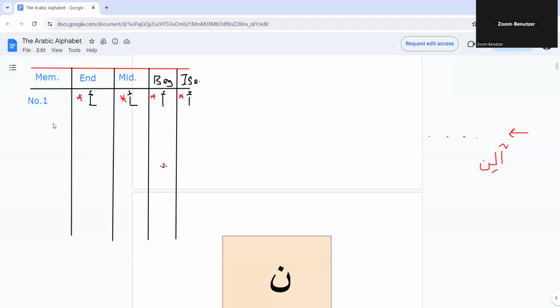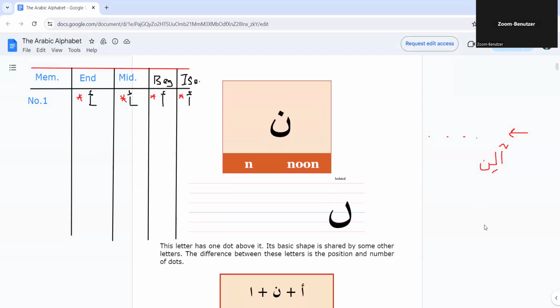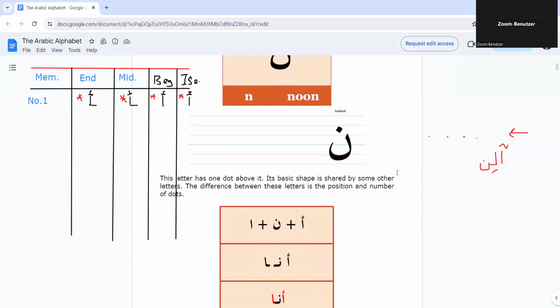Great. So you can see here how it's written in the different forms. The blue line here is our reference. We draw the noon with the dot on top of the line, and the semicircle, or the rest of the noon, mostly below the line.